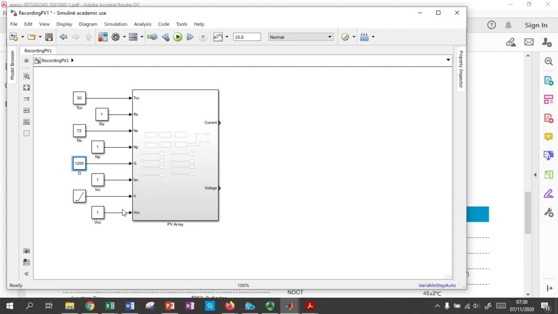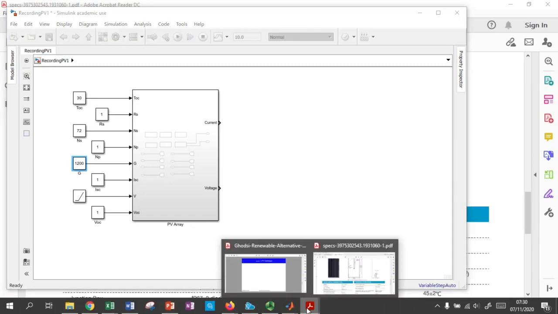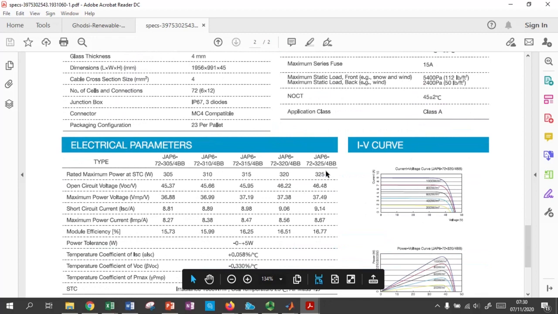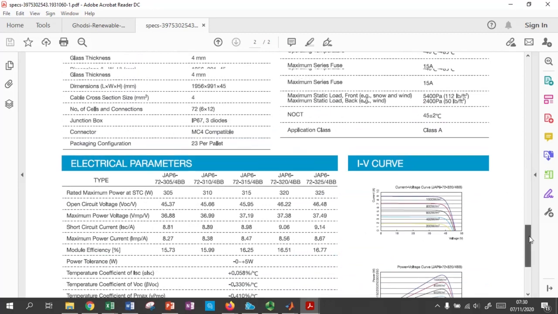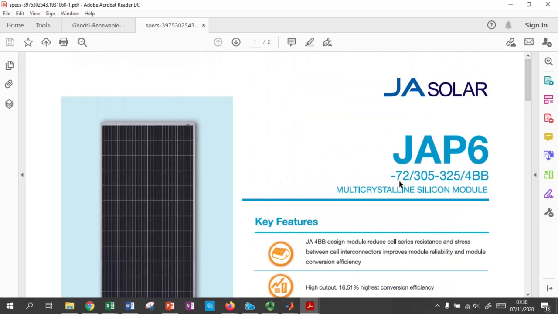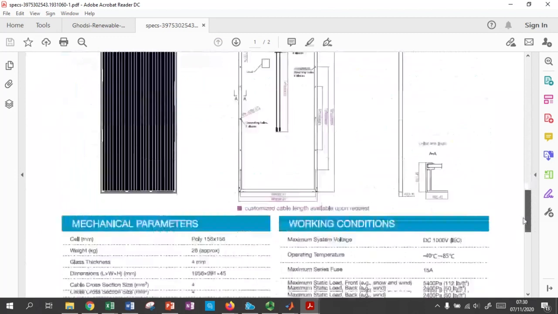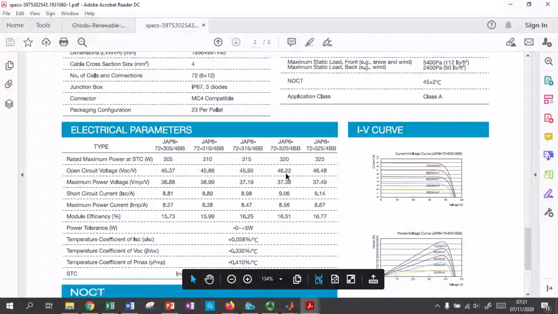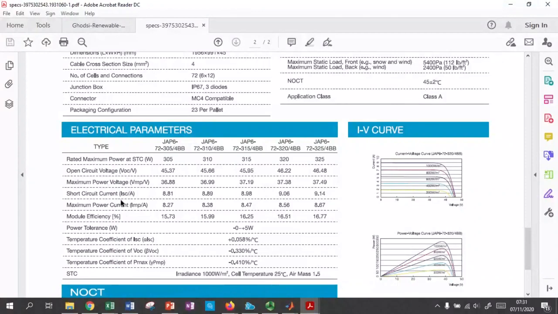I short circuit: again, we should go to the datasheet of these panels. This is for the 72-cell model. 305 to 325, all of them are available here. We can find here the I short circuit versus the current.